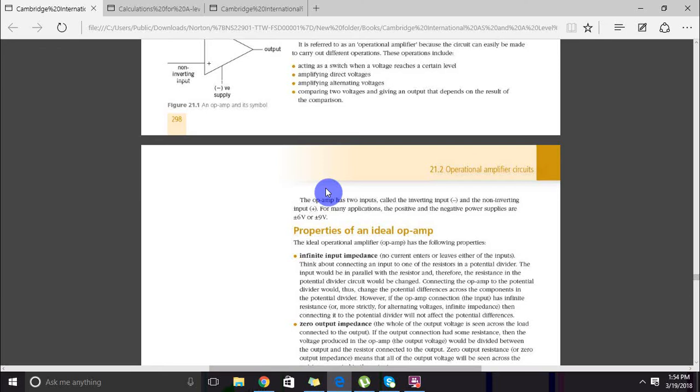On your diagram, take a pen of a different color and point towards the input terminals, either of them or both, and write down infinite input impedance.